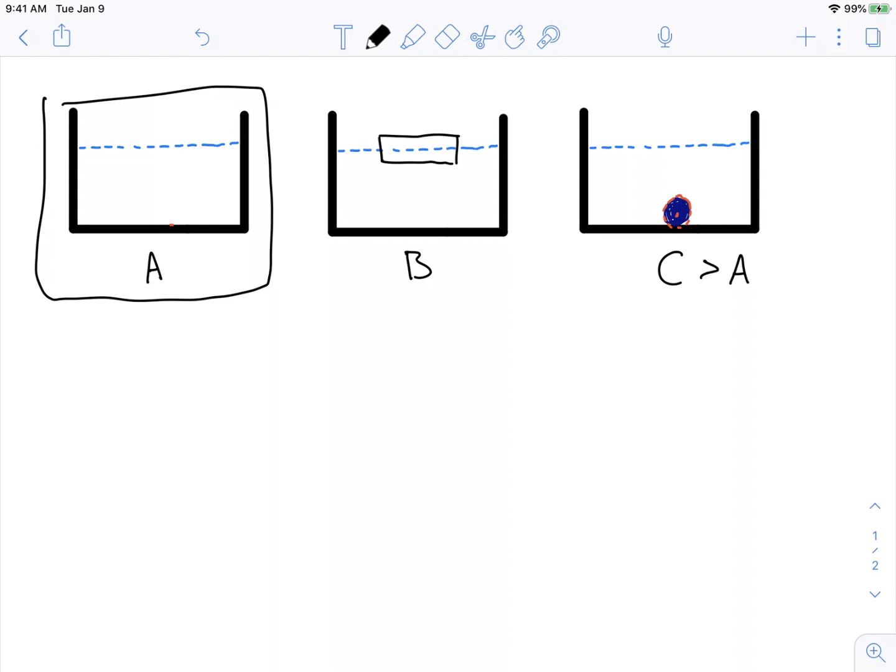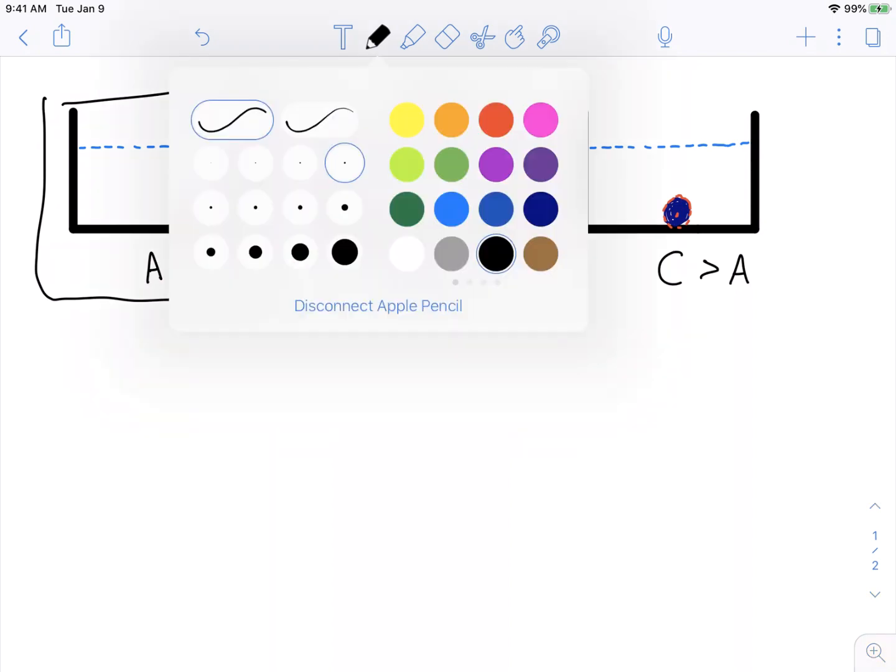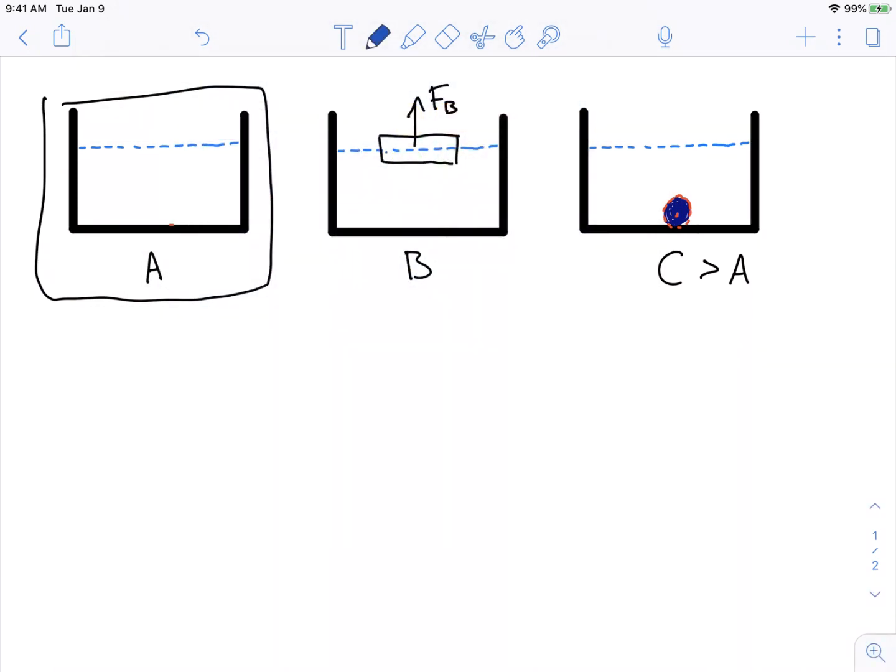This really tests Archimedes' principle. What Archimedes' principle says is the buoyant force acting up, F_B, is equal to the weight of displaced fluid, which is the fluid that's displaced by this object under the water.